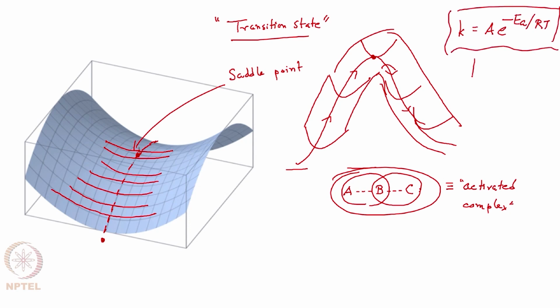In order to calculate the rate constant, all we need to know is basically the properties of this activated complex, because there are two ways you can solve the dynamics of the entire process: by something known as collision theory, and also by this theory, which is known as transition state theory.